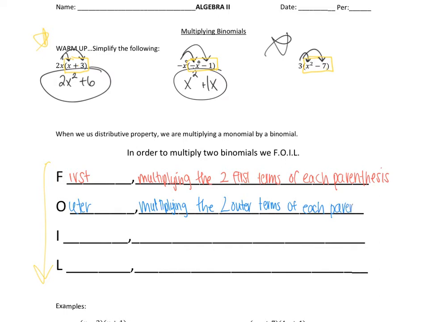My bad. Okay. The next one we're going to go over is I, which stands for inner. Okay. And here we're multiplying the two inner terms of the parentheses.